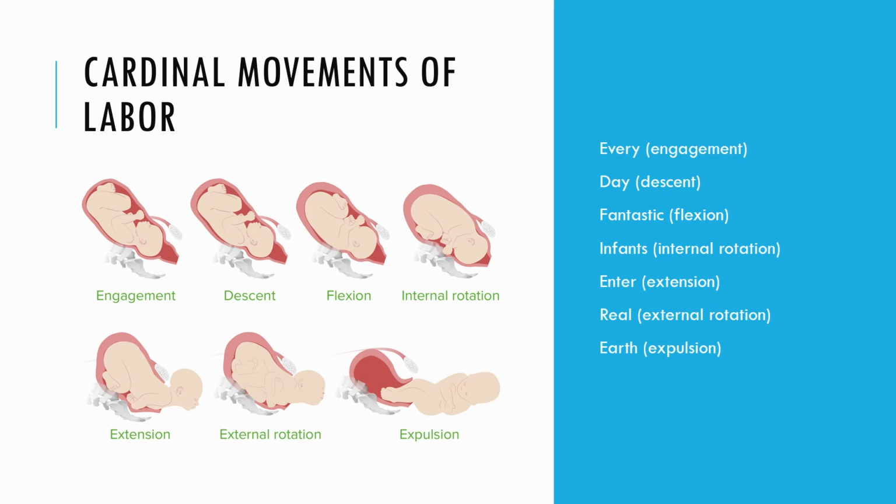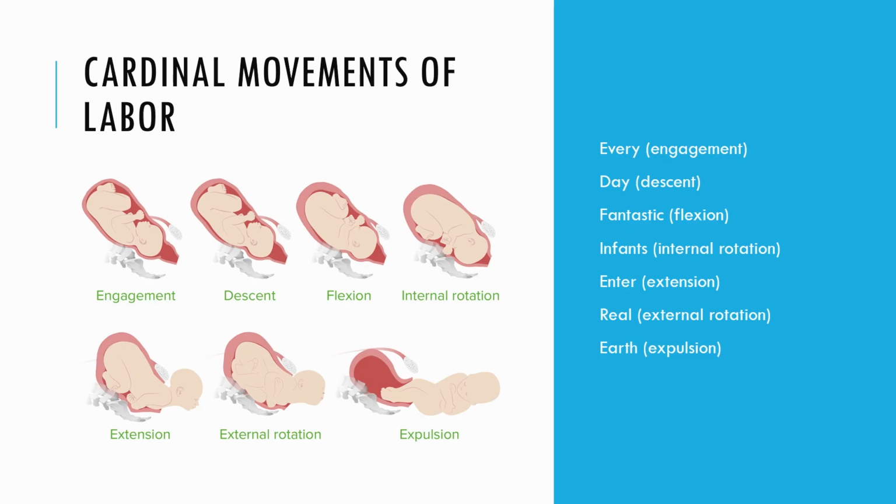The next one is flexion, and this is where it tucks its head, its chin down, to fit. Then it internally rotates. You see how this would be the OA position that we want. It moves its way down, and then it does extension. So once the head, which was flexed, delivers, it now extends.